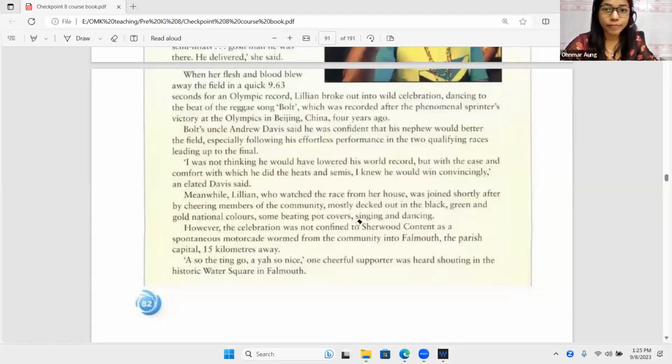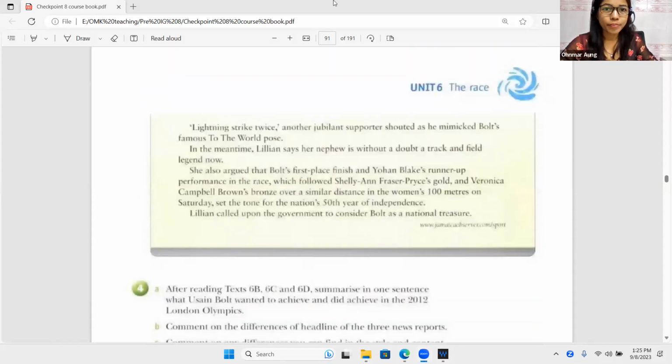How about the next paragraph? Next paragraph, we have full illustration.